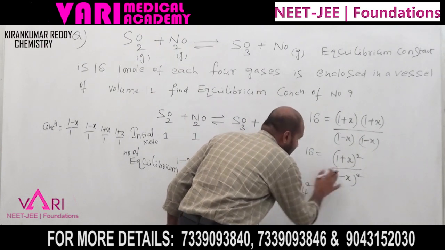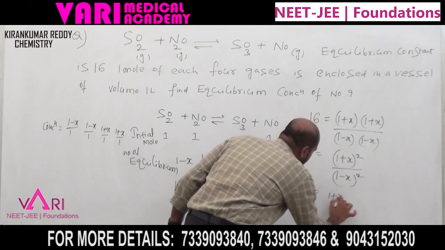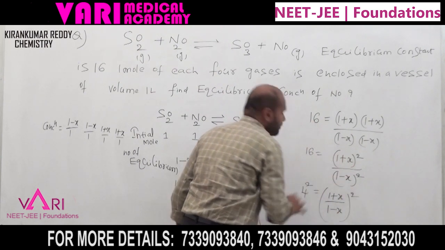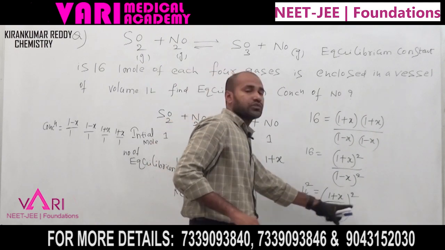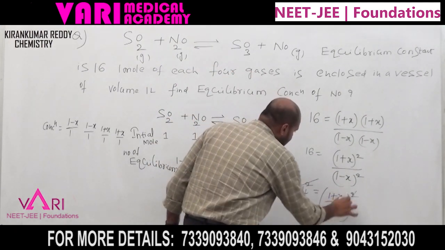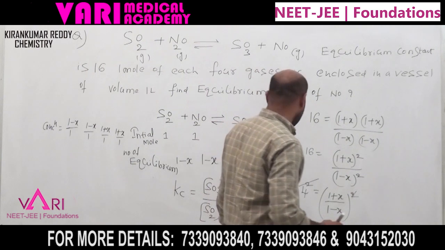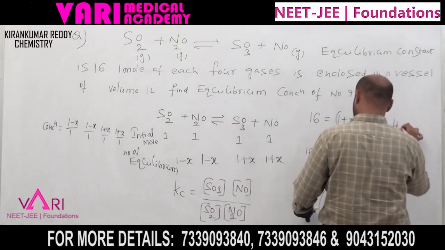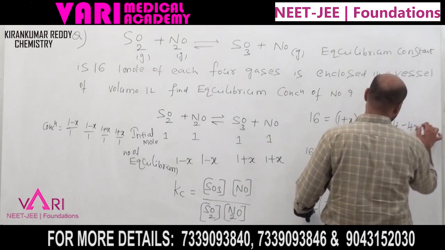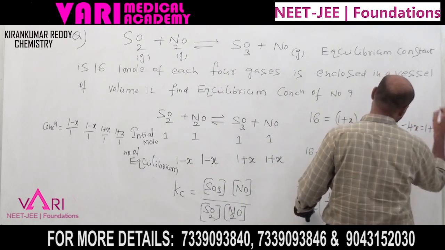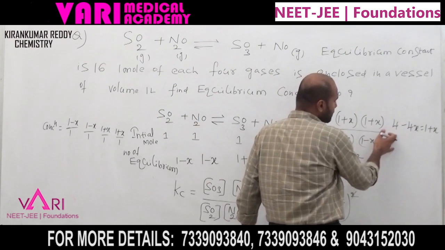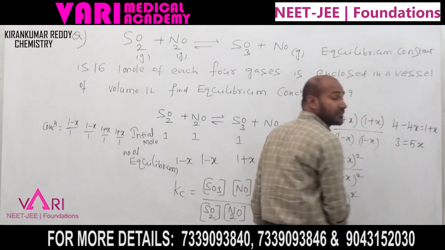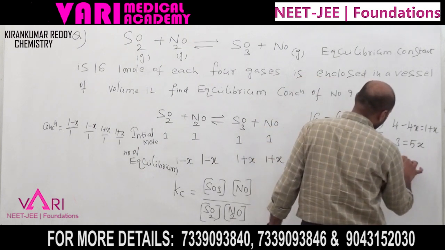Now 1 plus x by 1 minus x whole power 2, so the squares cancel. Now we write 4 times (1 minus x) equals 1 plus x, so 4 minus 4x equals 1 plus x. Now 3 equals 5x. What is the answer for x?